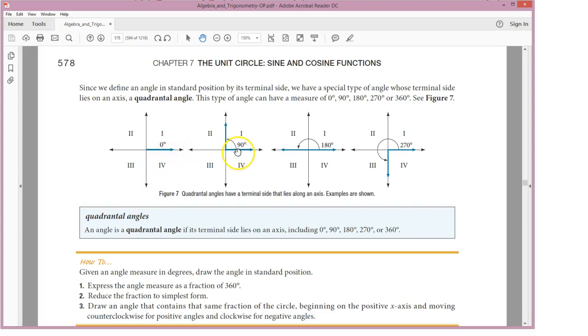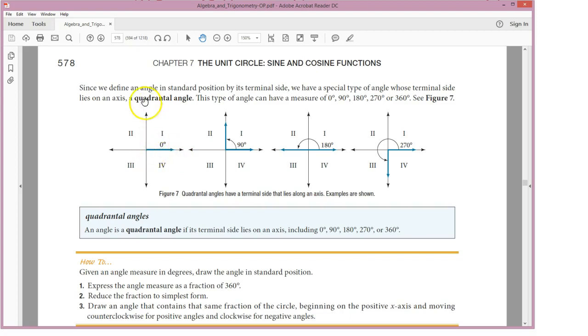Now if the terminal side of the angle lies on any axis, for example, if it lies here, you can see that now the initial side and terminal side of this angle 0 degrees is on the positive x-axis.